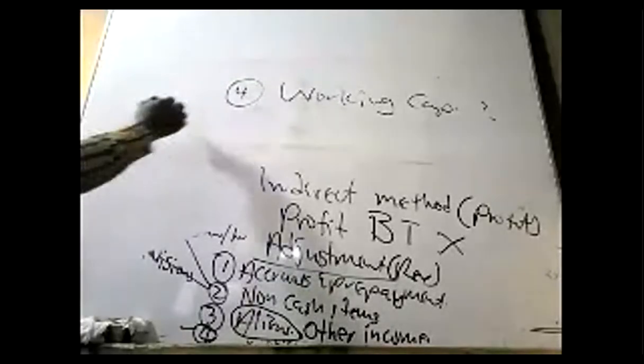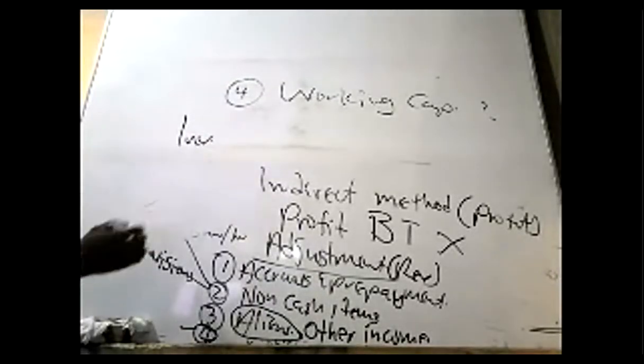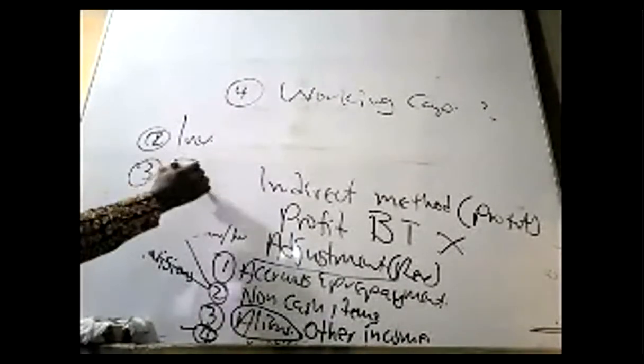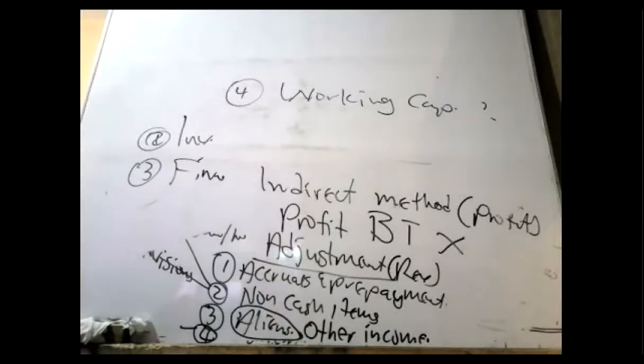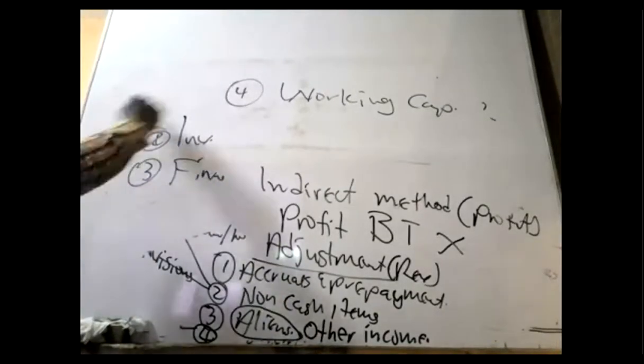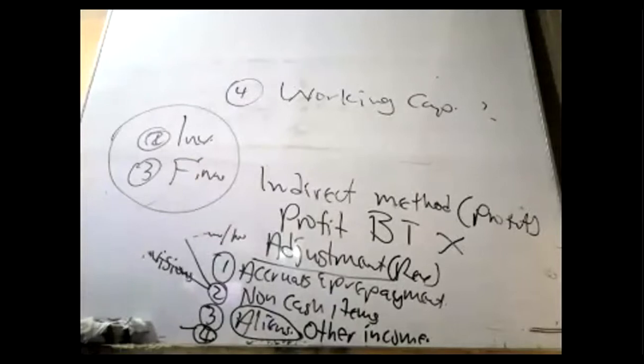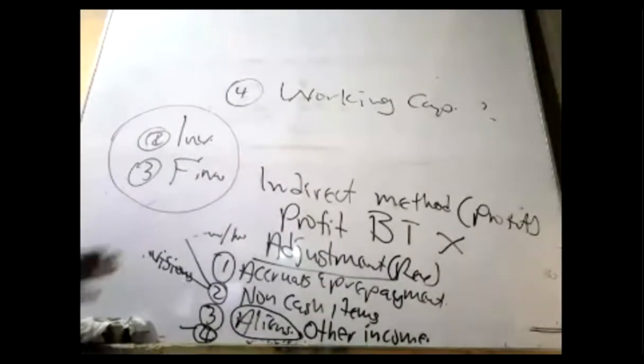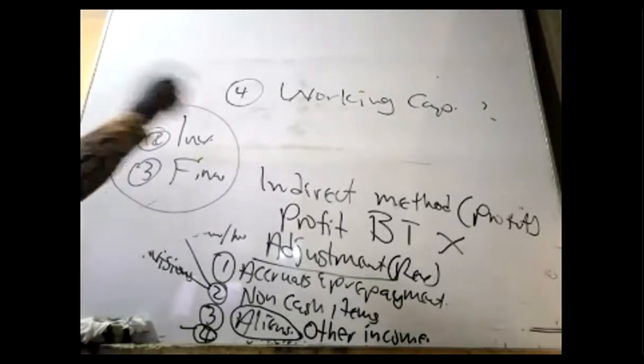The other two, investing and financing, don't have a direct method or an indirect method. For those, we only have one approach. No direct, no indirect. Only the operating activity has the two approaches.